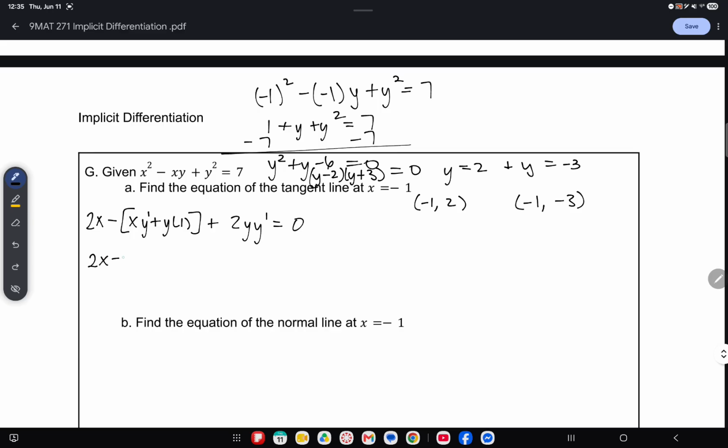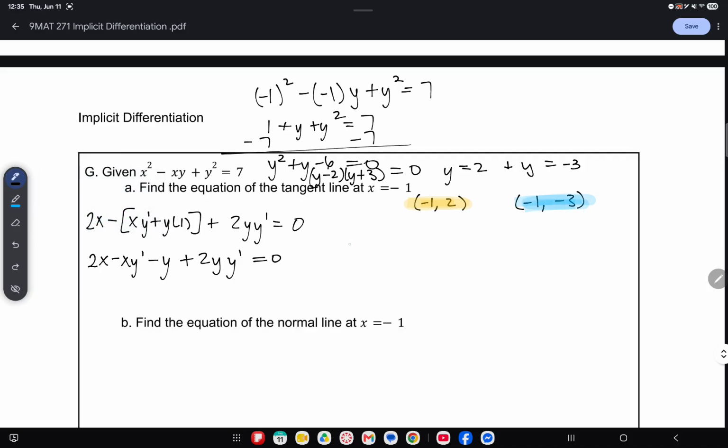I have 2x minus xy prime minus y plus 2y y prime. And then I'm going to do 2 different things. I'll do it with this one, and then I'll do it with this one.